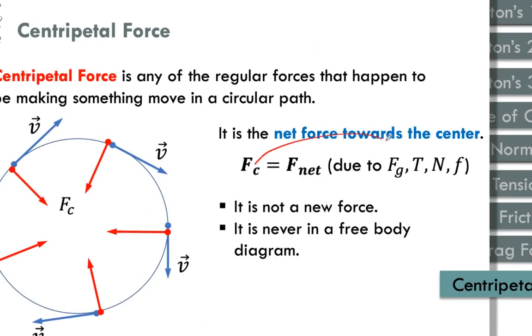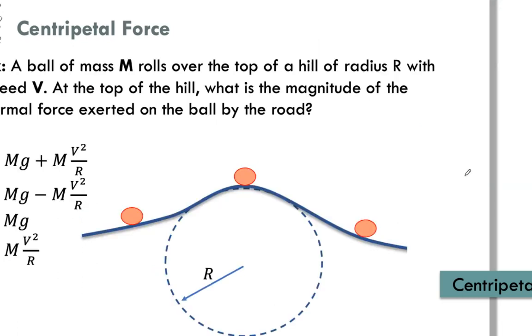It's a category of forces based on the force that causes the object to move in a circular path within a given scenario. Okay, so let's take these equations and apply them to a few separate examples.